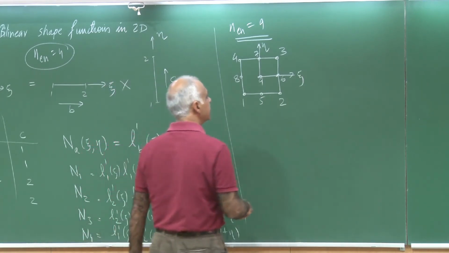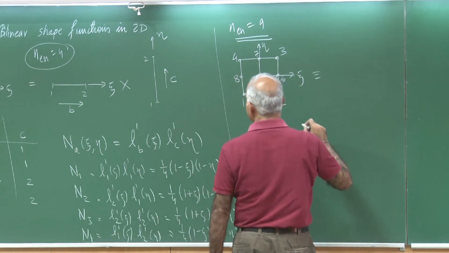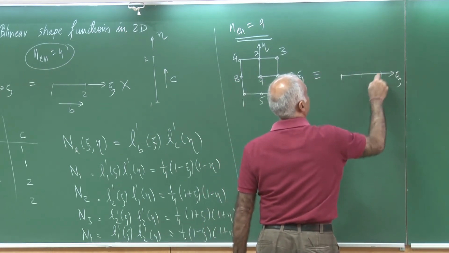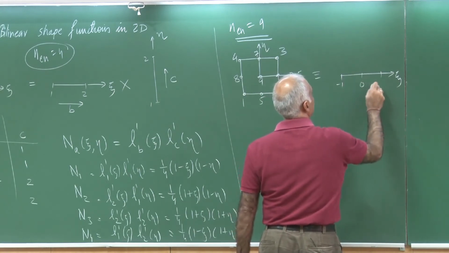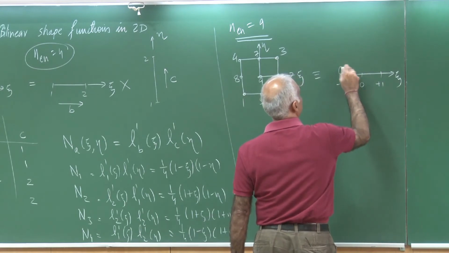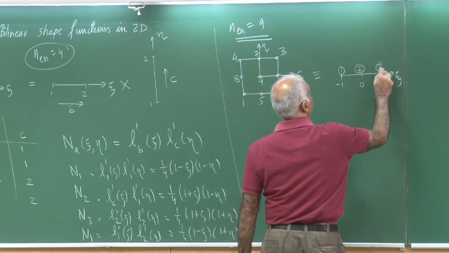The proposal is that this could be gotten through -1, 0, +1, that means node 1, node 2, node 3.